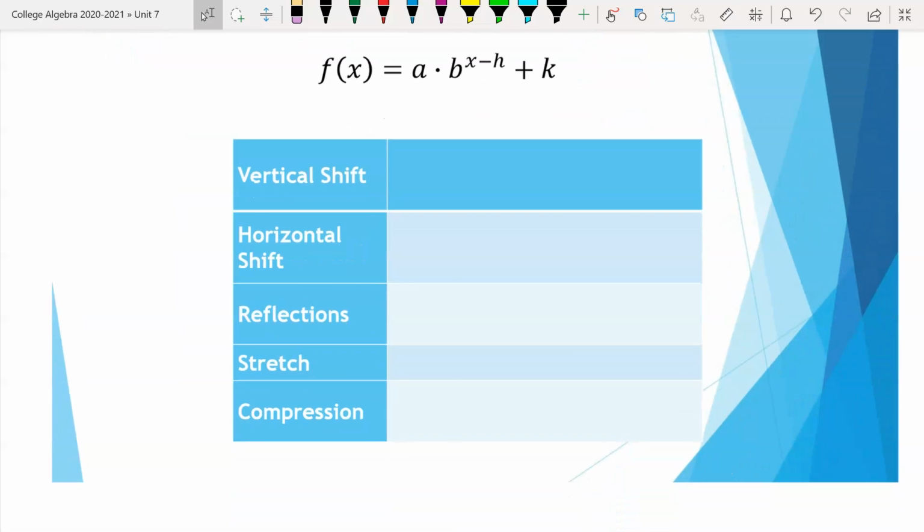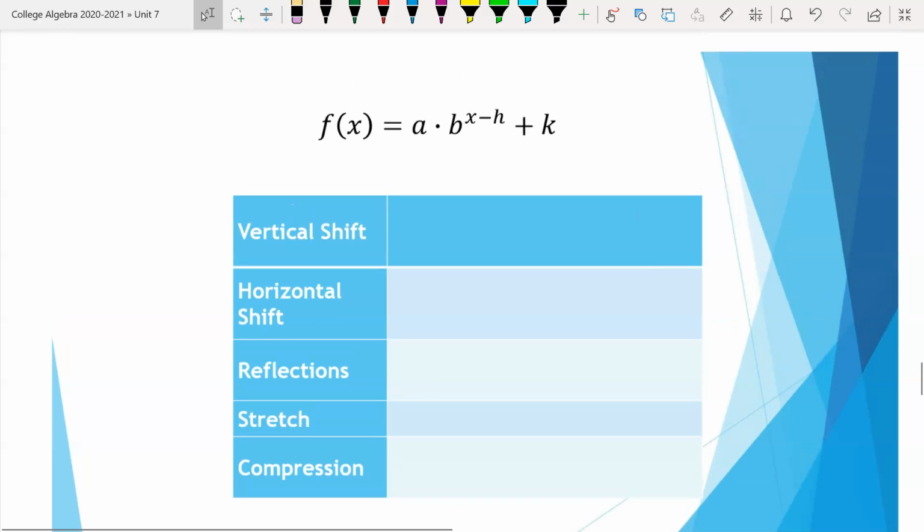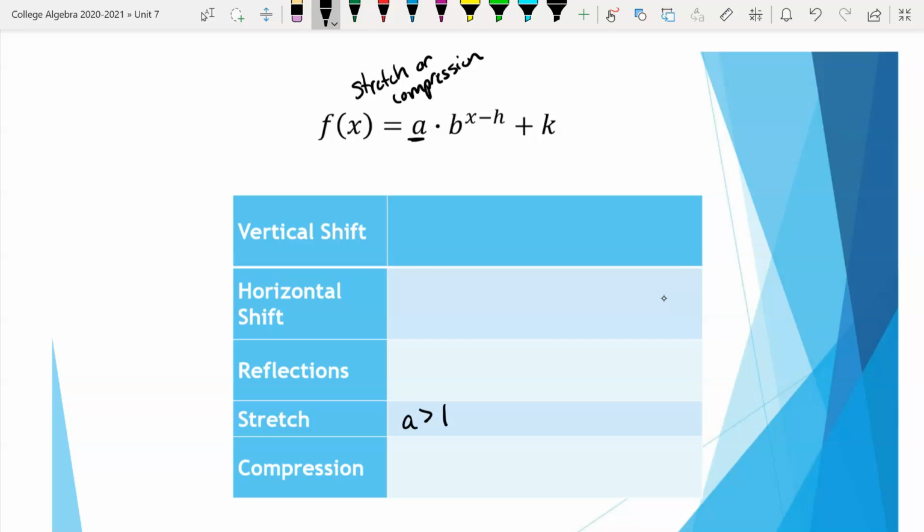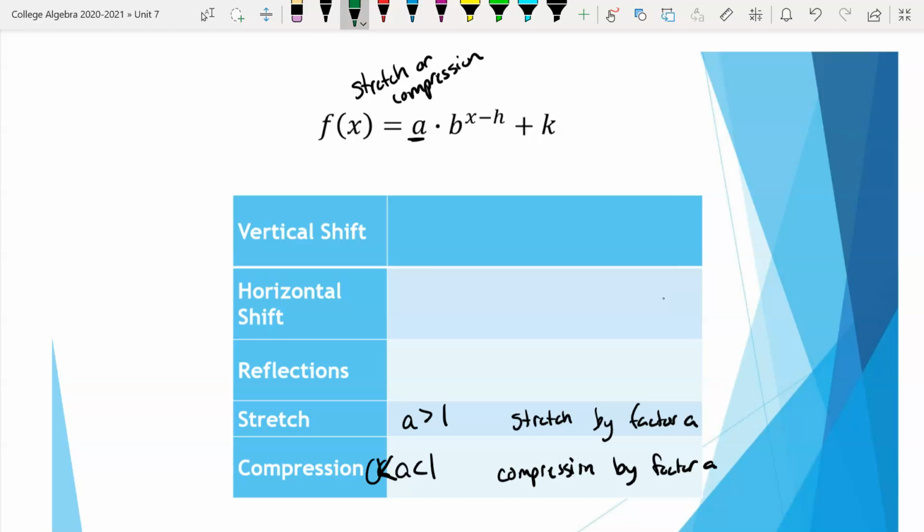So, right here is all the transformations that you're going to see. So A represents a stretch or compression. Right? And if it's bigger than 1, right? So if A is greater than 1, that's going to be a stretch by that factor. If A is between 0 and 1, aka a fraction, it's going to be a compression by factor A. Reflections, all right?